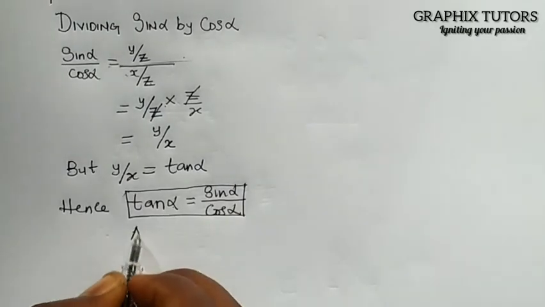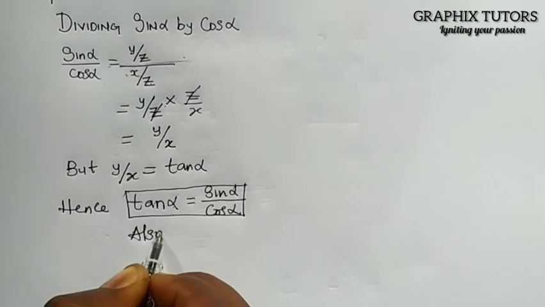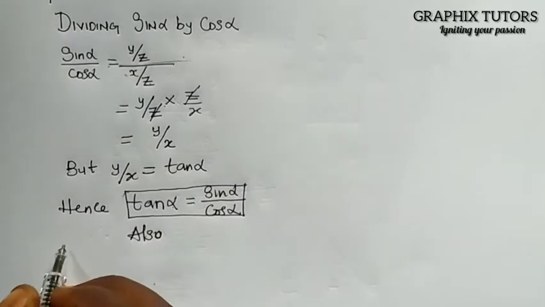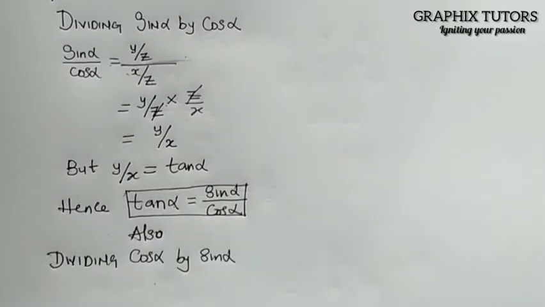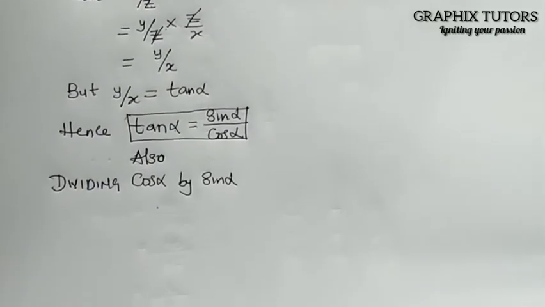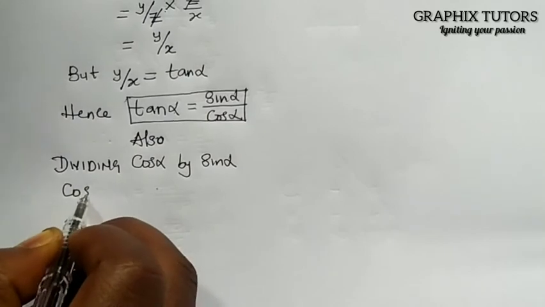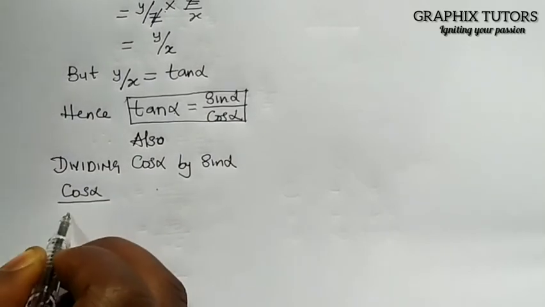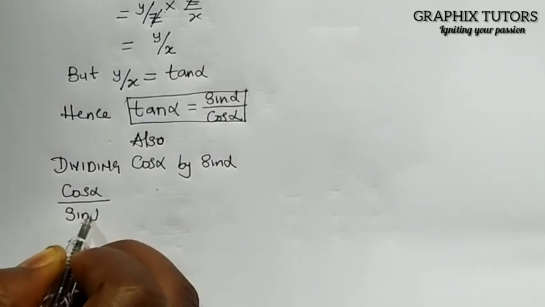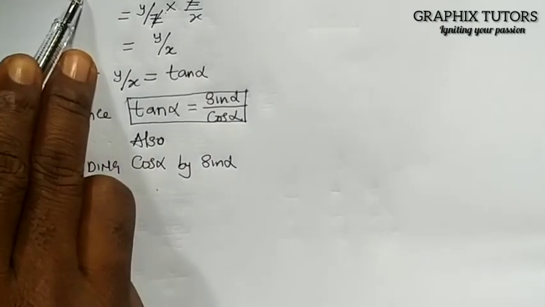Also, dividing cos by sine, you're going to be having cos alpha all over sine alpha. What is cos alpha here?